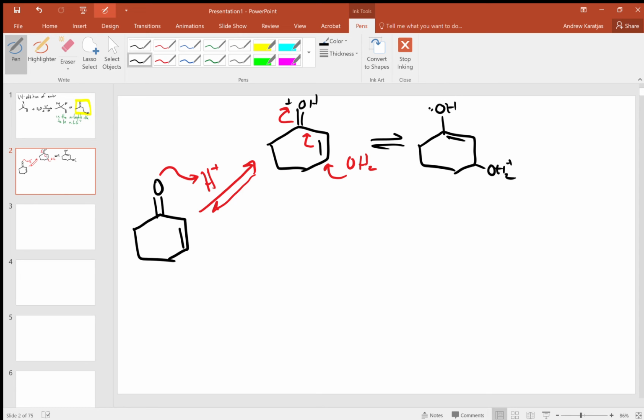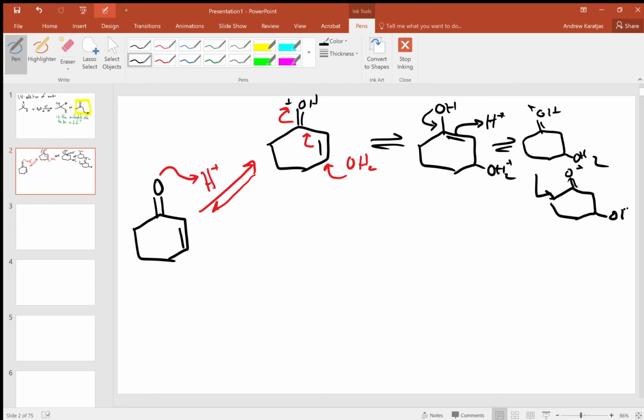The oxygen adds its lone pair back in. These pi electrons pick up a proton from the acid, and then upon deprotonation of both cations, we get our product.